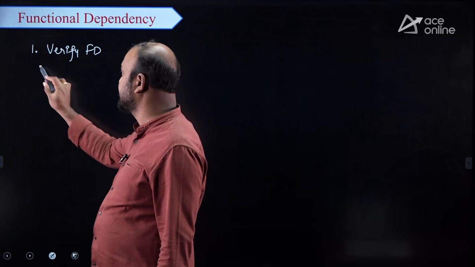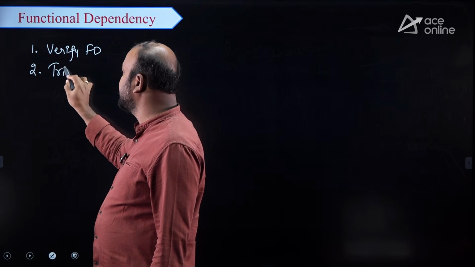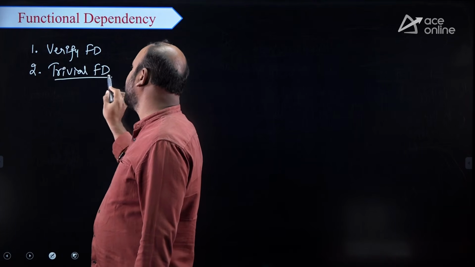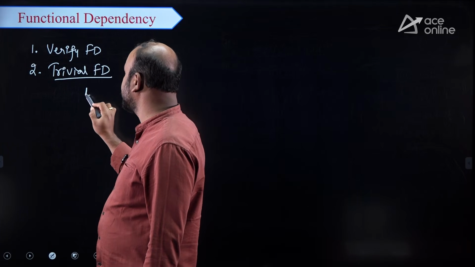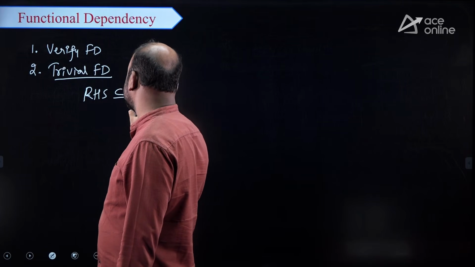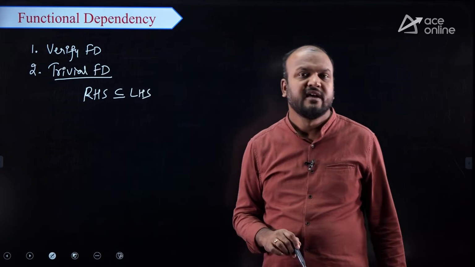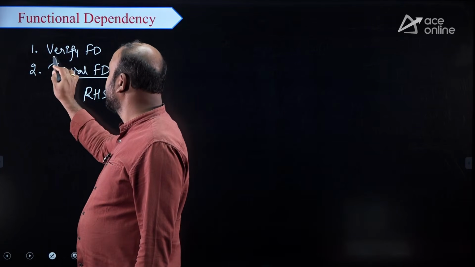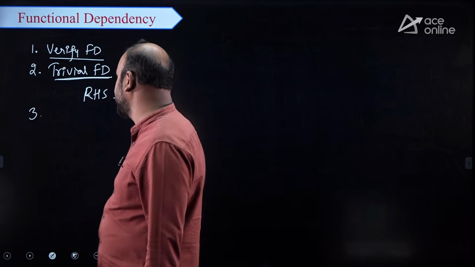And second is about trivial FDs and non-trivial FDs. What is a trivial FD? When the RHS is a subset of or equal to the LHS of a dependency, then we can call it a trivial FD, and trivial FDs are always satisfied.